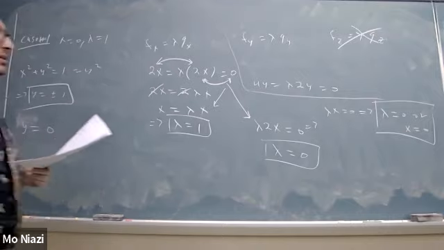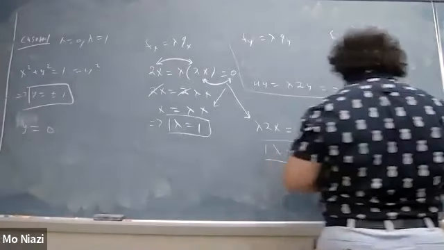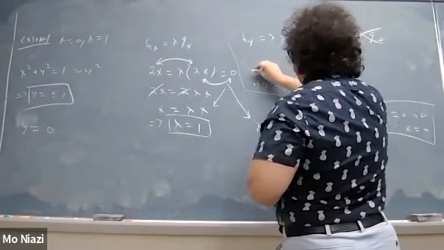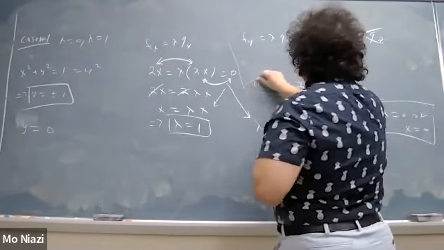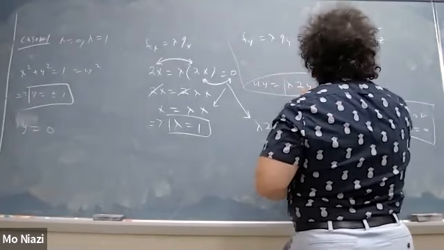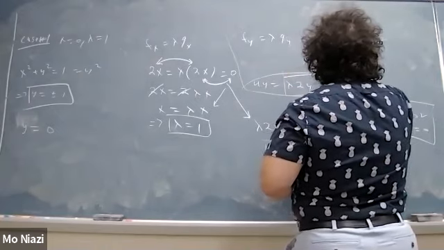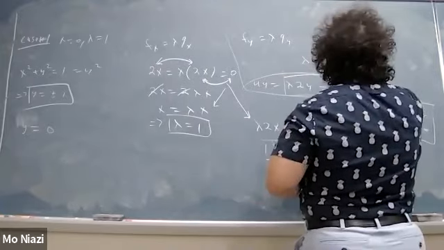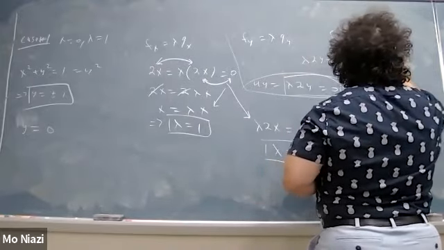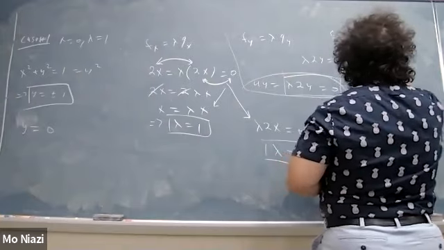Well, with lambda equaling 1, we involve this piece of the equation: lambda times 2 times y equaling 0. If lambda is equal to 1, that means 2y is equal to 0, meaning, dividing both sides, y is equal to 0.